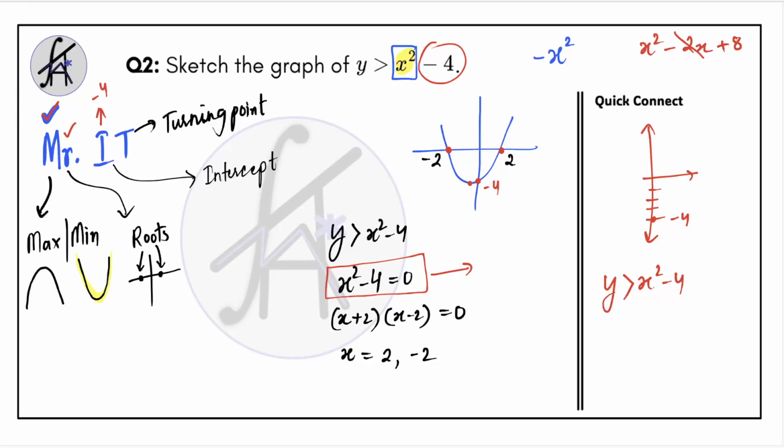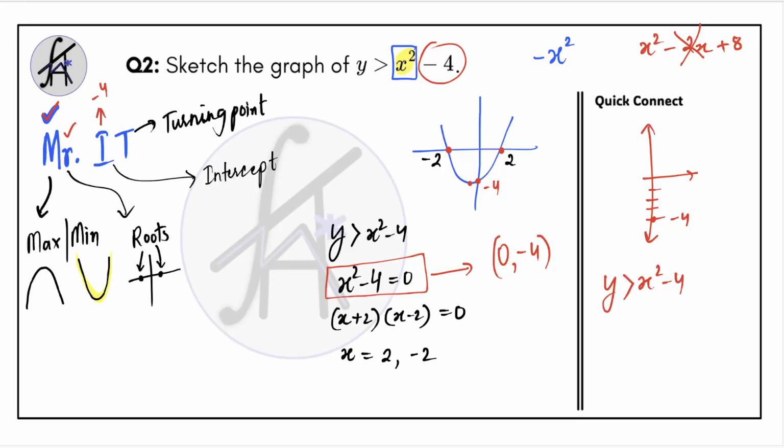Here this term is missing. When we get these type of equations, our turning point is always 0 comma the y-intercept, minus 4. So the turning point is 0 comma minus 4, and the y-intercept is also minus 4. They are both coinciding.